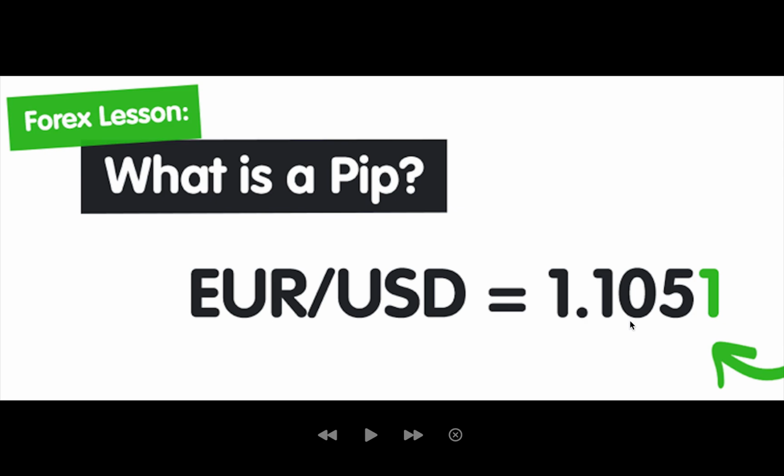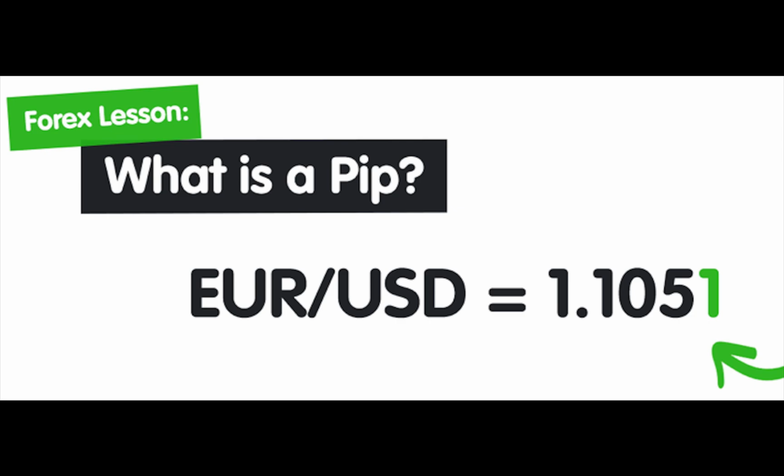So these numbers you're seeing here are based on the quote currency, which is this one. While you're pairing this against this, the base is always seen as one and the quote is the number you see here. So this is Euro against dollar. That's all about quotes and base and how it relates to pips.